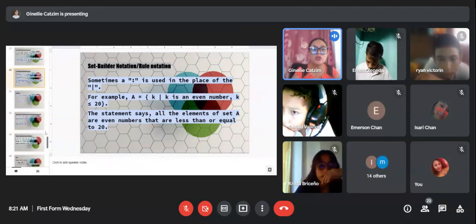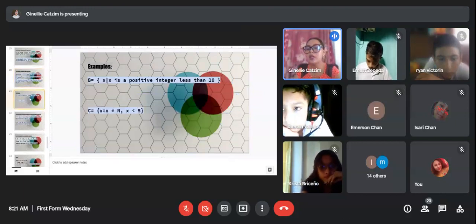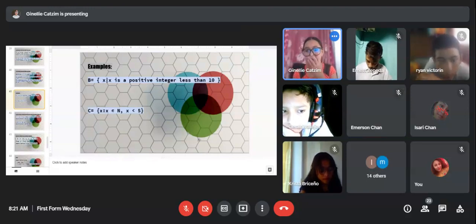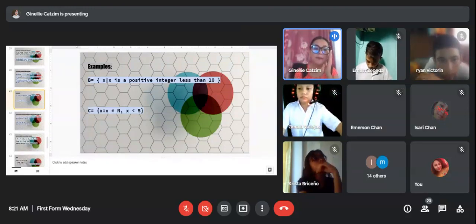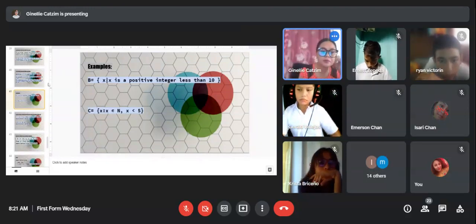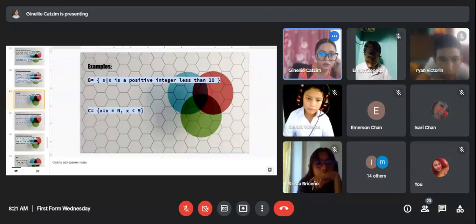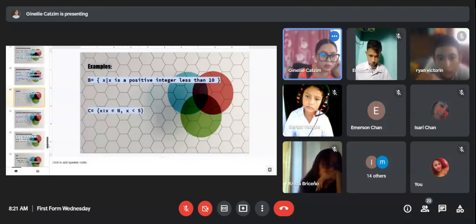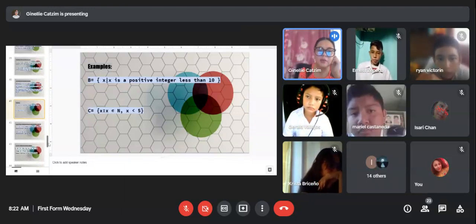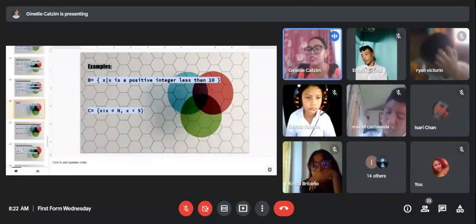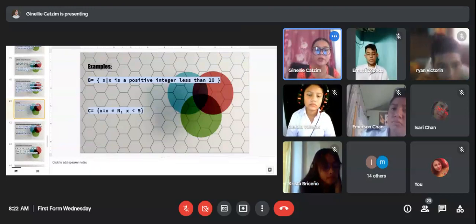So what we'll do now is we will represent those in set builder notation, right? We will go step by step. Oh, these are just examples, sorry. I was confusing myself. So these are just examples of set builder notation.